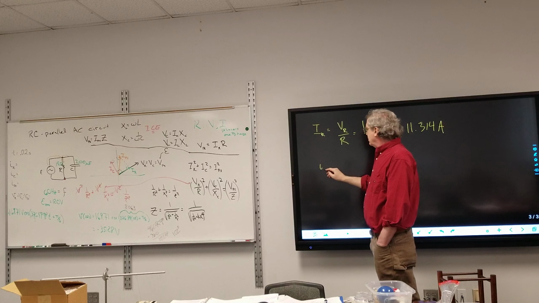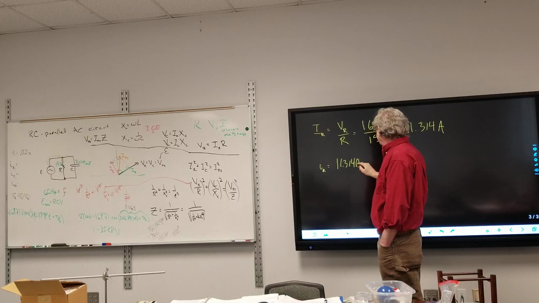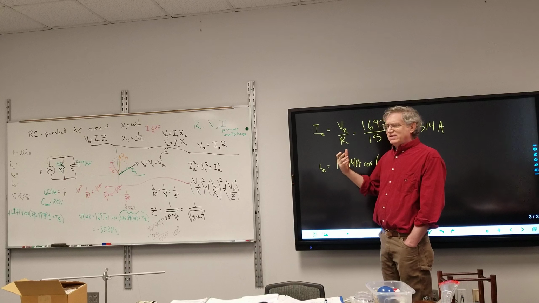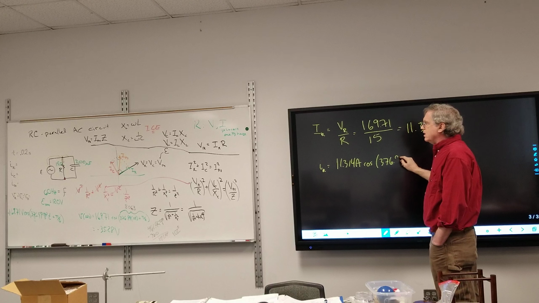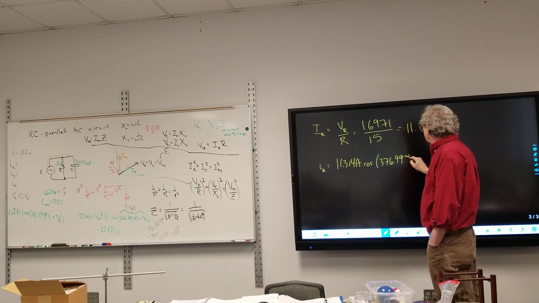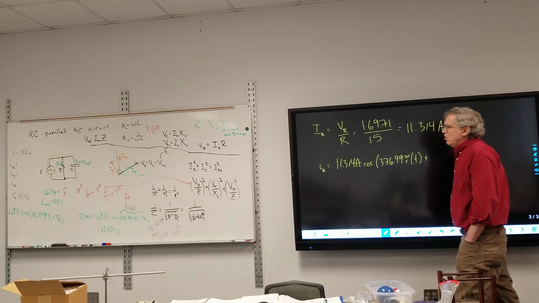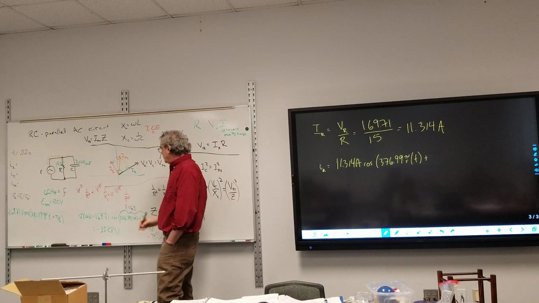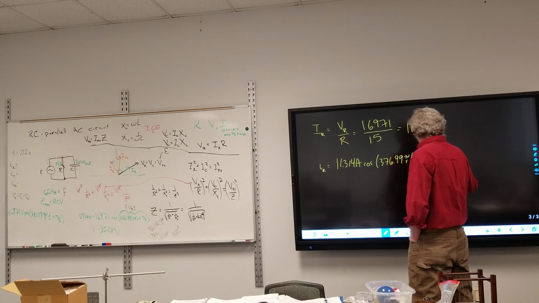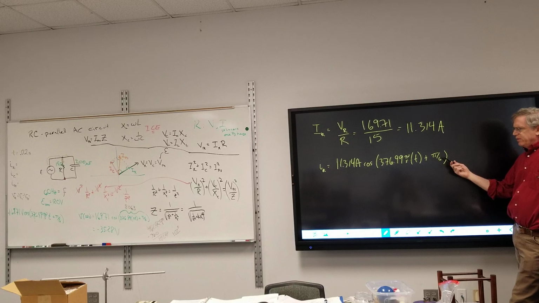So my current equation for the resistor is going to be 11.314 amperes times the cosine of, it's going to have the same angular frequency, 376.99 radians per second times t, plus, and now the phase shift. I know that the current phasor is completely in sync with the voltage phasor. They're in phase, therefore it would still be pi over 6, which is 0.5 something.